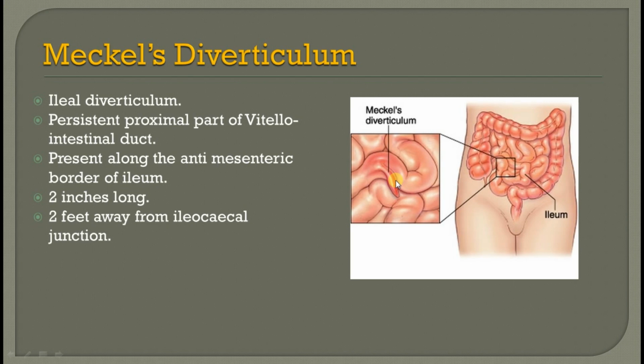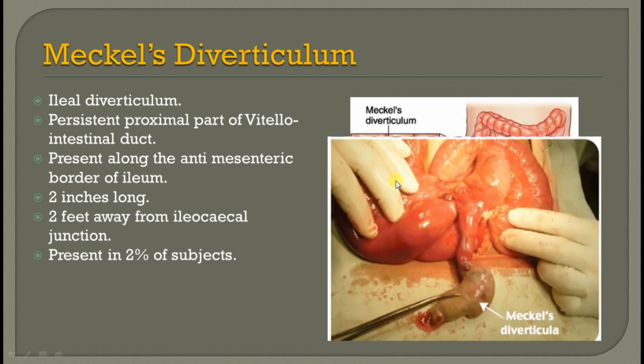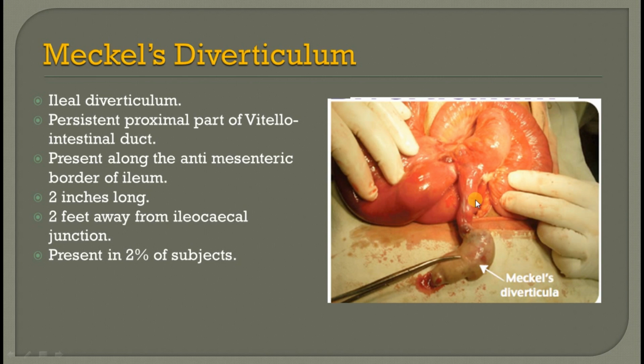So, people having this, what happens? They might be asymptomatic, they might not feel any symptoms. Now, when symptoms do come, this is the ileal diverticulum which has been removed. A laparotomy has been done, the peritoneal cavity has been opened, and naturally you have to incise the ileal diverticulum, because if it is inflamed, it has the caliber of the ileum, it has cells similar to the gastric mucosa, so it can secrete hydrochloric acid.